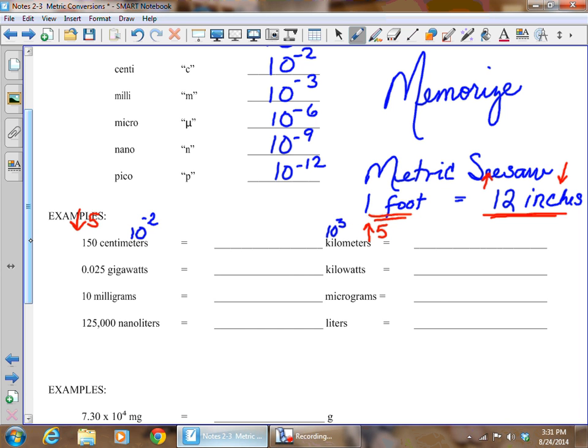So if we know that the decimal value is here, to make my number smaller by 5 places, I need to move it 1, 2, 3, 4, 5. I need to move that decimal 5 places to the left to make that 5 places smaller. So 0.0015.